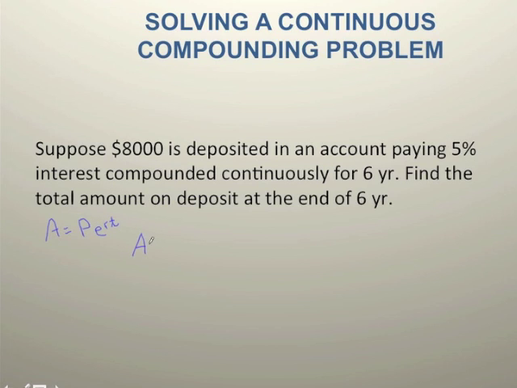The amount we'll have is equal to 8,000 times e to the 0.05 times the 6 years. Grabbing my calculator, I find that that amount is $10,798.87 that would be in the account at the end of 6 years.